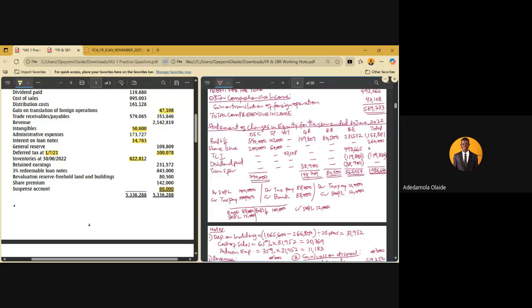Everything we have in the total comprehensive income should come here. 539,773. And this will now be 202,000. Then this will be 47,108. And with that, this will be what? Please help me recalculate this.